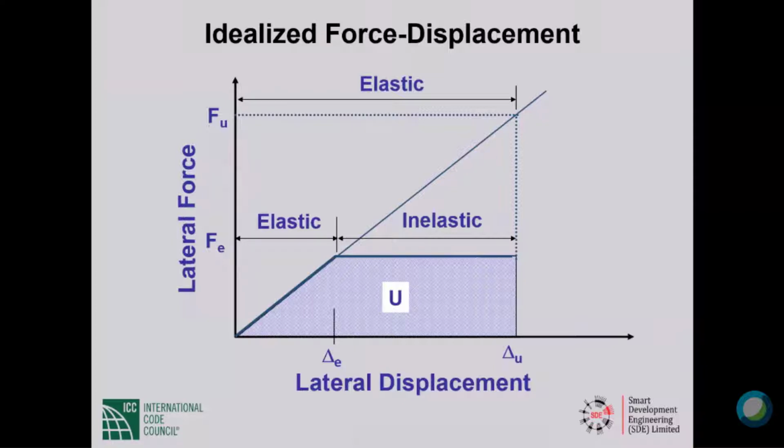So we can design for the low strength level F sub E, provided the resulting inelastic displacements are within the inelastic deformation capacity of our structure. Inelastic deformation capacity comes from proper detailing of the members and the joints.